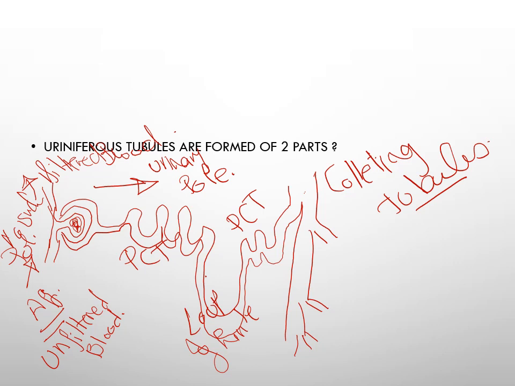Okay, and this structure itself is called the Malpighian corpuscle, or the renal corpuscle.